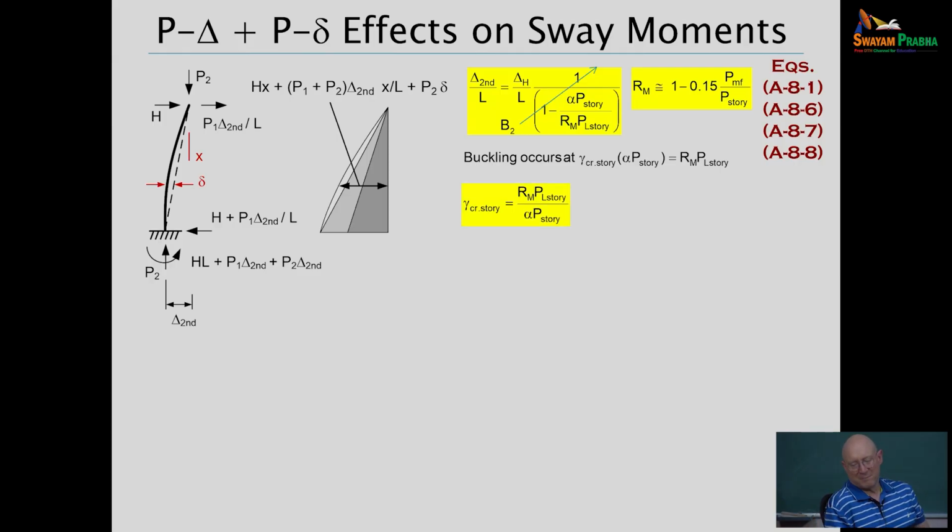And if we want to know what's the eigenvalue, or what's the multiplier to get from our design load level alpha P story to incipient buckling, obviously that's the ratio of the buckling load to the load that we're designing for. So by including the small delta effects, is it actually becoming better?